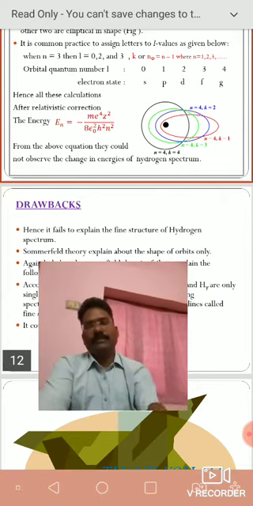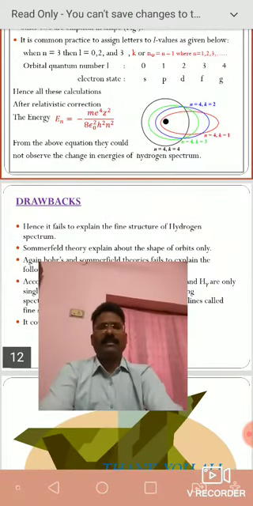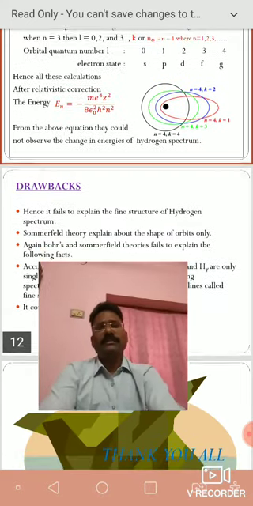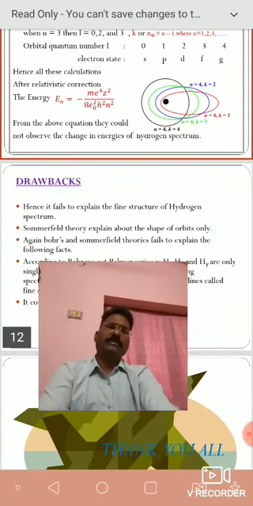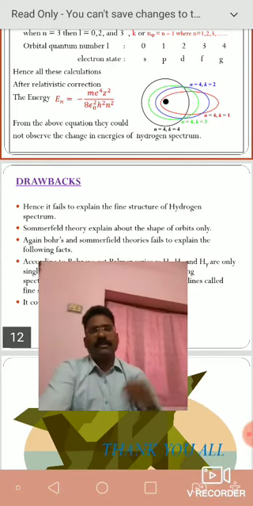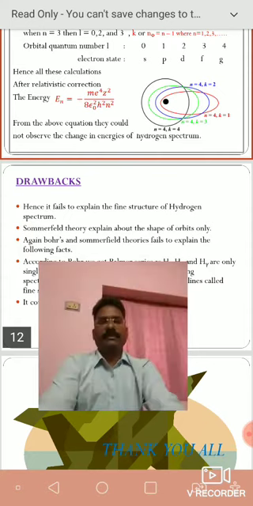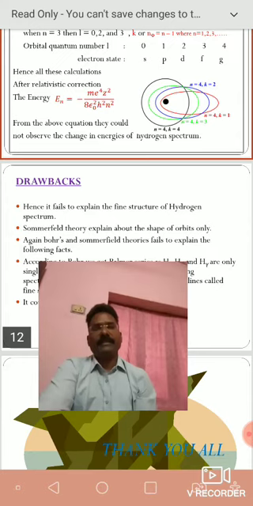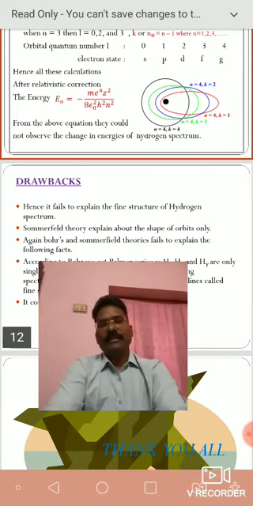Here, one thing we must remember, the radial vector is not equal to 0. If it is r equal to 0, the electron would be moving through the nucleus once in every time period. It is impossible. The electron does not penetrate into the nucleus as per the atomic theory considered.